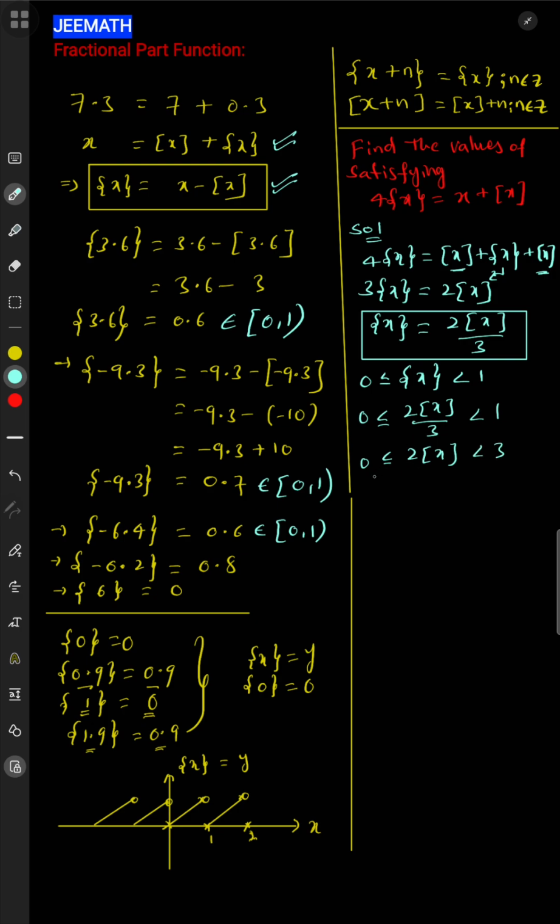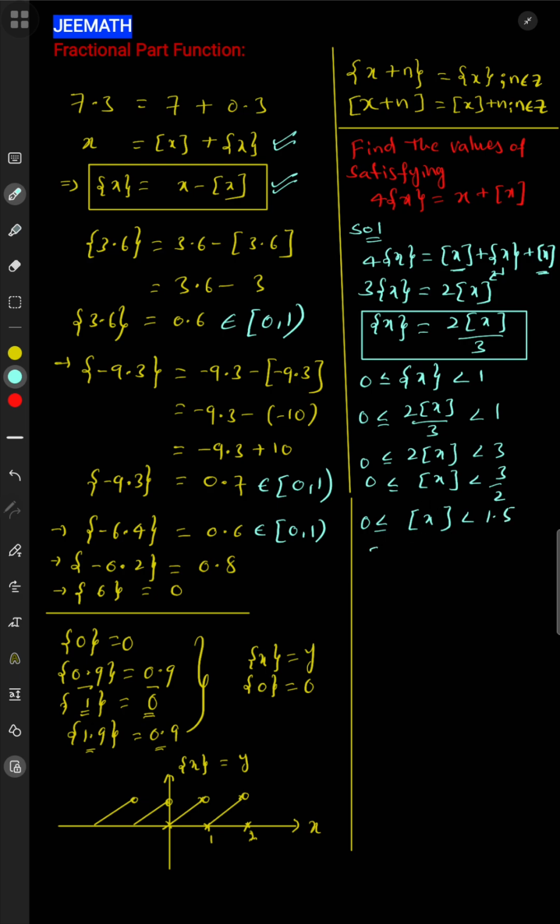Now you divide with 2. 0 by 2 is 0 only, less than or equal to step x, less than 3 by 2. So this is 0 less than or equal to step x less than 3 by 2, which can be written as 1.5, right?